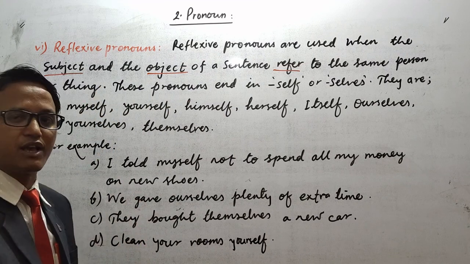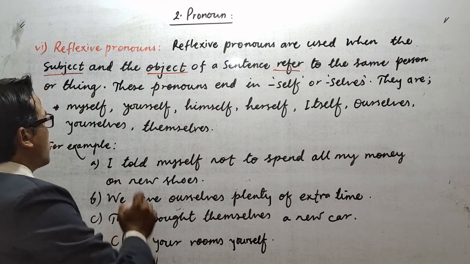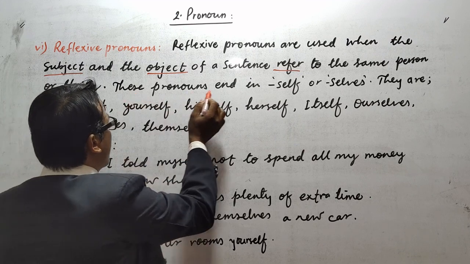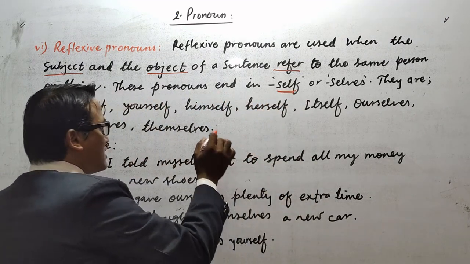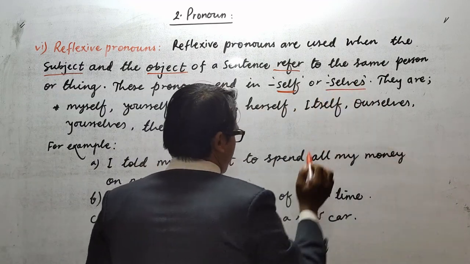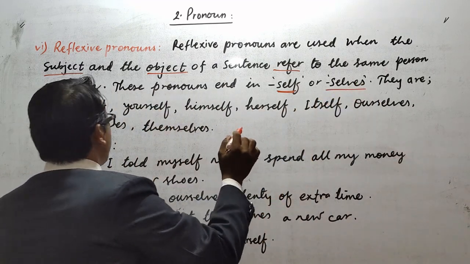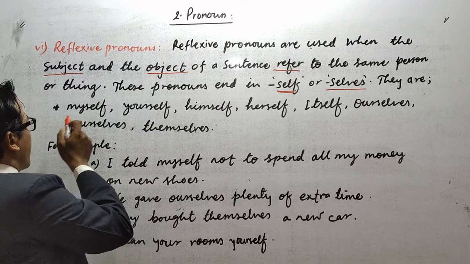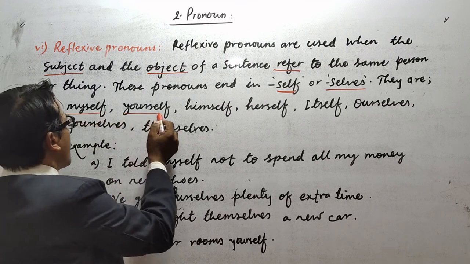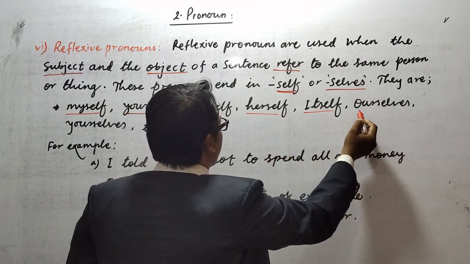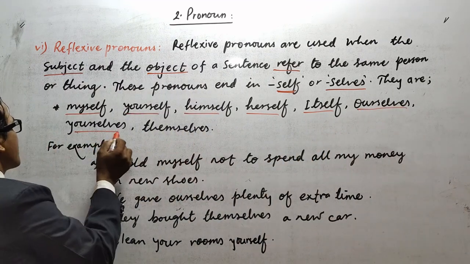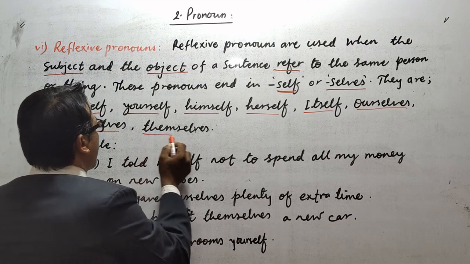That is a reflexive pronoun. Generally these reflexive pronouns are in self form, ending in self or selves. These pronouns are myself, yourself, himself, herself, itself, ourselves, yourselves, and themselves.